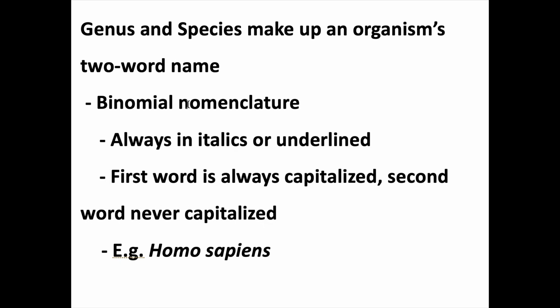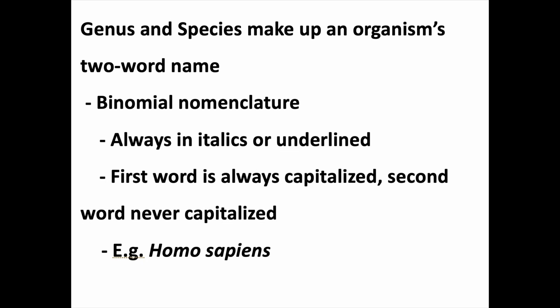The other rule is that the first word, the genus, is always capitalized, and the second word, the species, is never capitalized, regardless of what spell check likes to do with E. coli. E. coli would be a good example of this, Escherichia coli, and another good example is Homo sapiens. That's us, that's humans. We're in genus Homo, species sapiens, our two-word name, Homo sapiens.